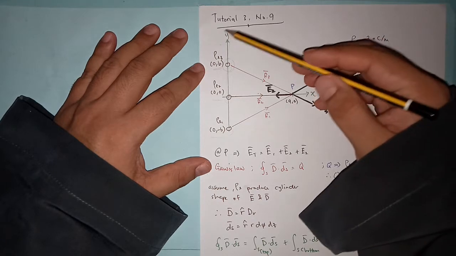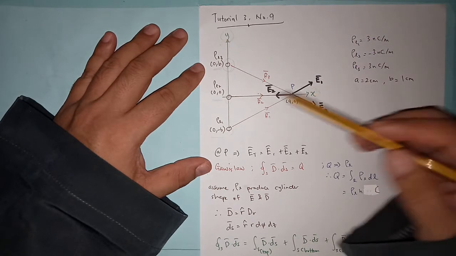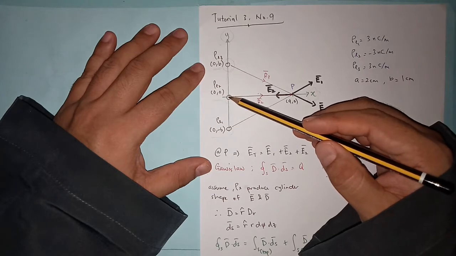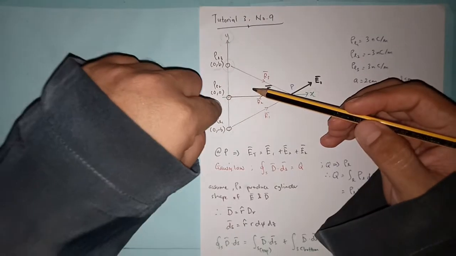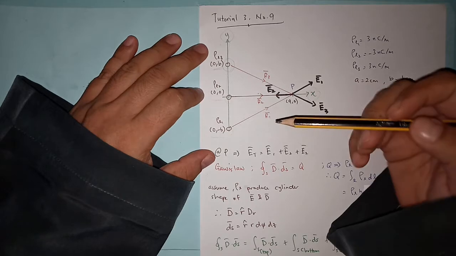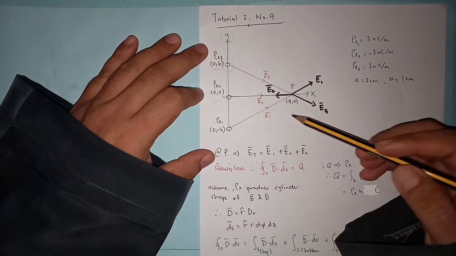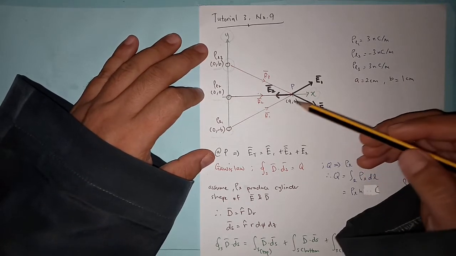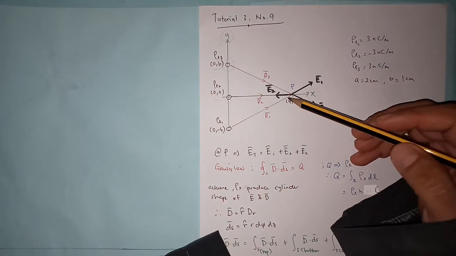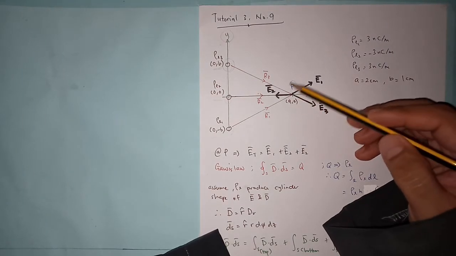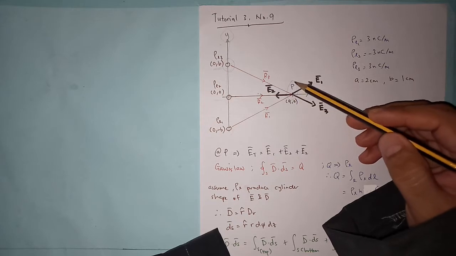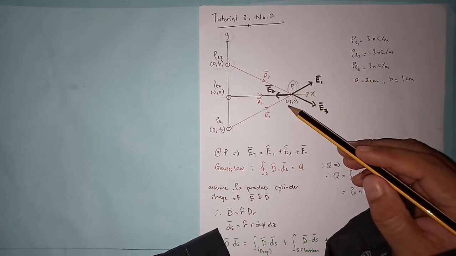We have the y-axis here, the x-axis here, and the z-axis at this point, toward the inside of this paper. We need to find the expression for the electric field intensity at the point P, which is given as a coordinate of A0.